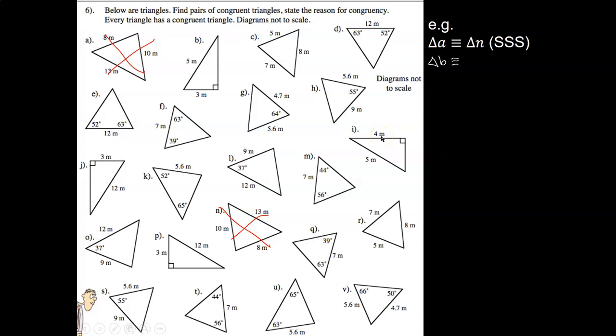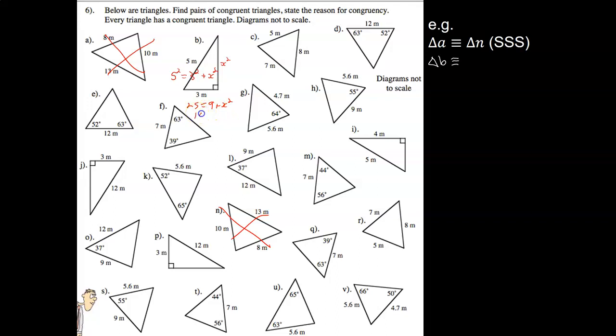But if you recall Pythagoras' theorem, you'll remember that a squared plus b squared equals c squared. So let's have a quick look if that works for this one here. If I have 5 squared equals 3 squared plus, I'll call this x squared, then I have 25 equals 9 plus x squared.